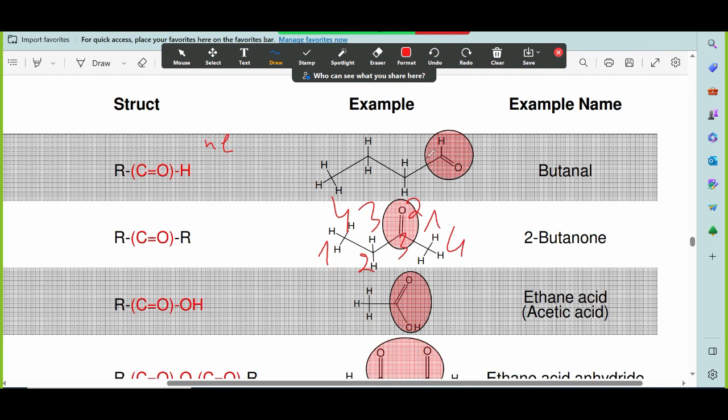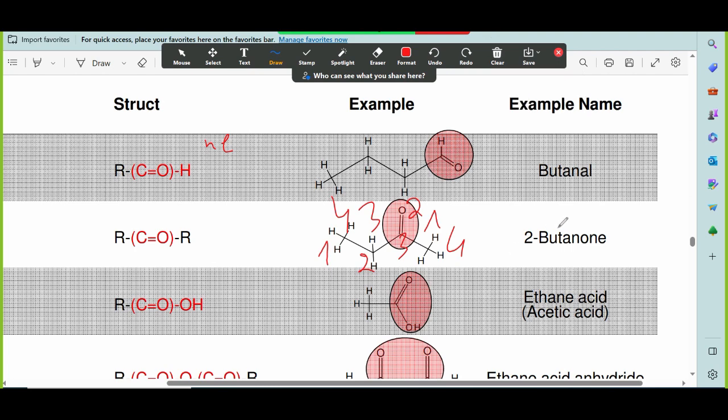But conventionally, as an agreement, the functional group should have the lower number. So in this case, the functional group is on the third carbon, whereas in this case, the functional group is on the second carbon. So we prefer to have a lower number, so we count from the right instead.